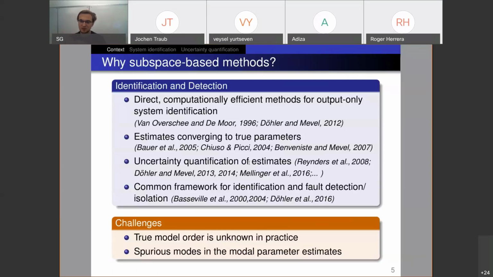The second reason, which is also connected to the unknown model order, is the fact that along the true modes of the structure, which are structural modes in our case, we identify some purely mathematical modes or modes related to the noise excitation conditions, which result in spurious modes in model parameter estimates. And those need to be somehow filtered from our structural modes in order to interpret the data, which can be challenging.